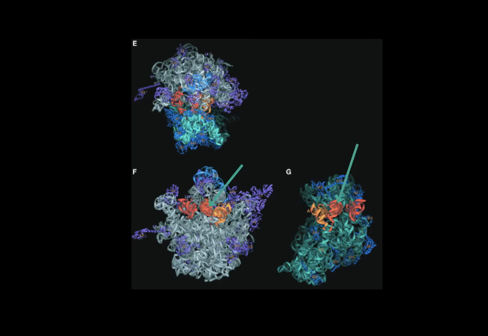This would be the tRNA holding the polypeptide, and then this one here would be the tRNA without the amino acid that's on its way out of the ribosome. The peptidyl transferase site would be right there, and the tunnel would be adjacent to that site.